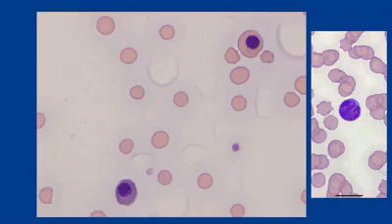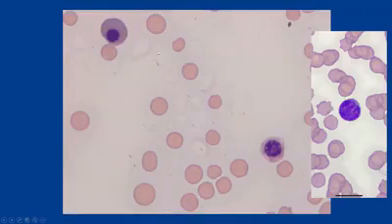What's interesting is that not only are we seeing nucleated red blood cells in this patient's blood, but they're abnormal nucleated red blood cells. By the time a nucleated red blood cell matures to having cytoplasm that is full of hemoglobin, the same color as a normal red cell, it should spit out its nucleus. Here the nucleus is still present, and that's abnormal, so that's called dysplasia. We also have a little platelet right here, so we were able to find one.